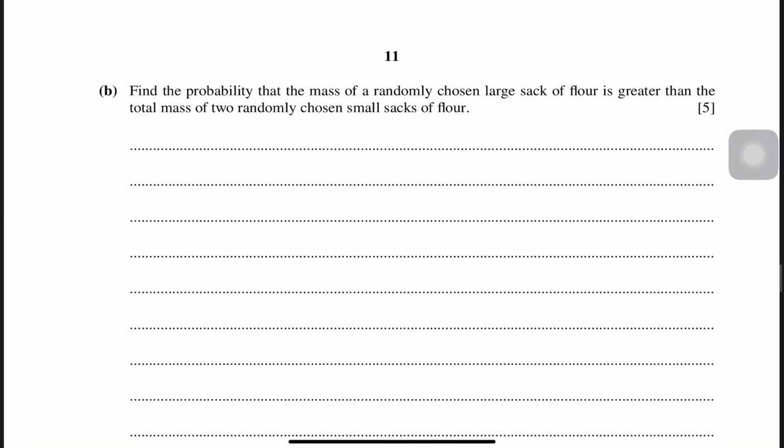Then it says find the probability that the mass of a randomly chosen large sack of flour is greater than the total mass of 2 randomly chosen small packs of flour. Now this is a question about multiples, so I have to be a little careful.